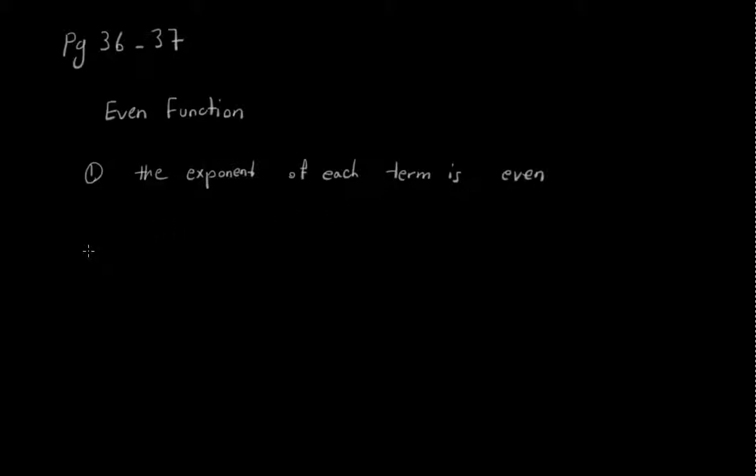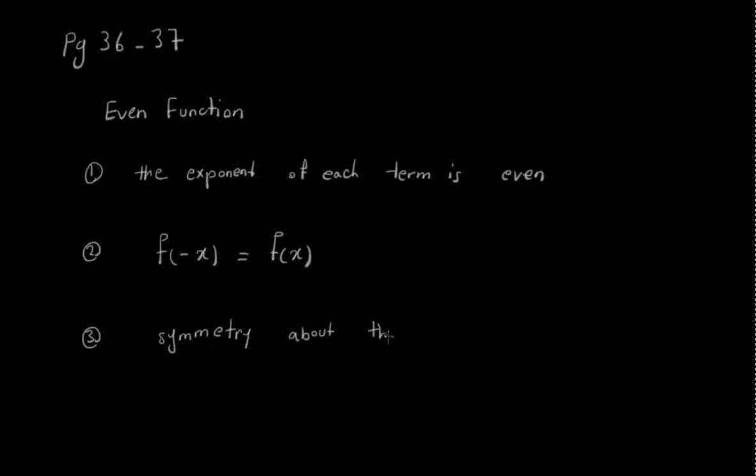The second one would be satisfying the property of f of negative x being equal to f of x. And the third one is symmetry about the y-axis. And we can say that this is a line symmetry.